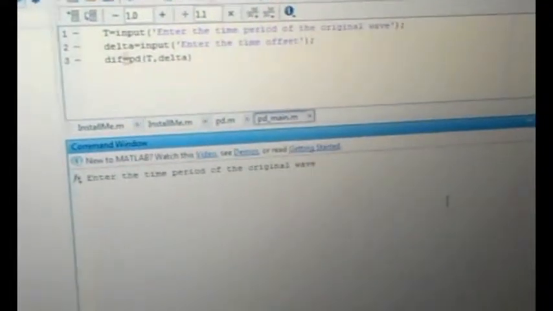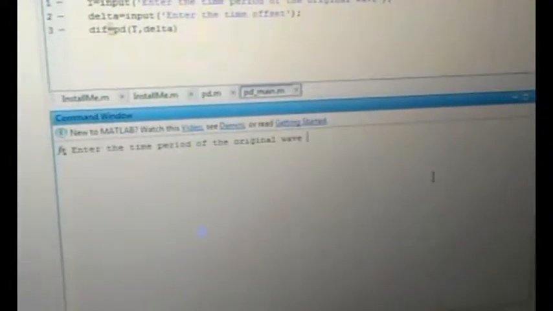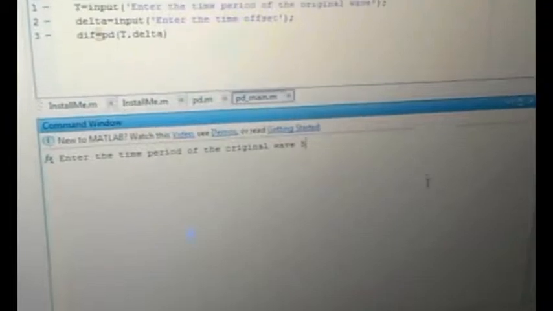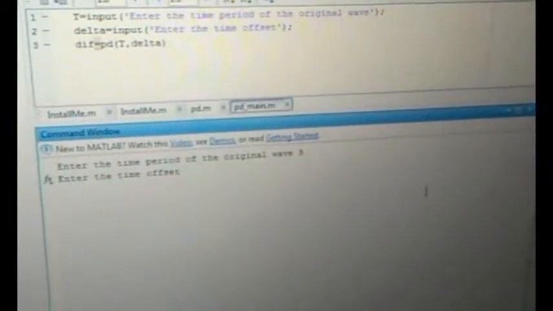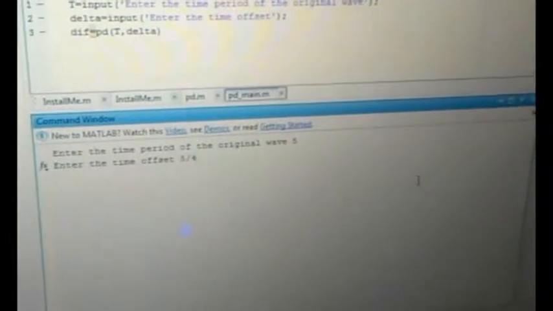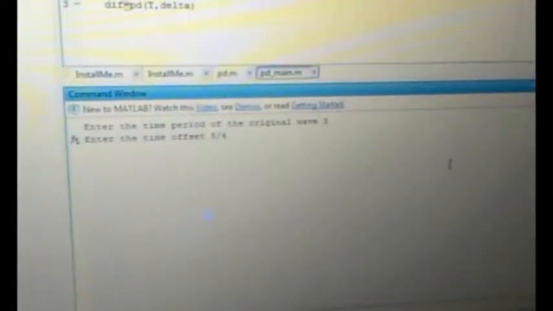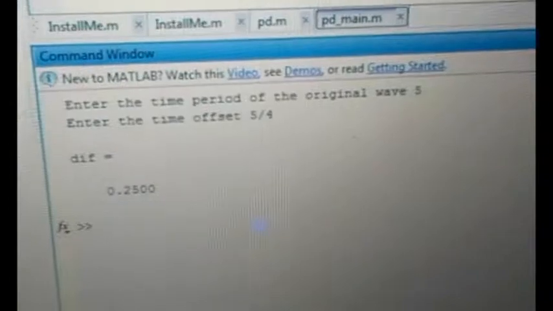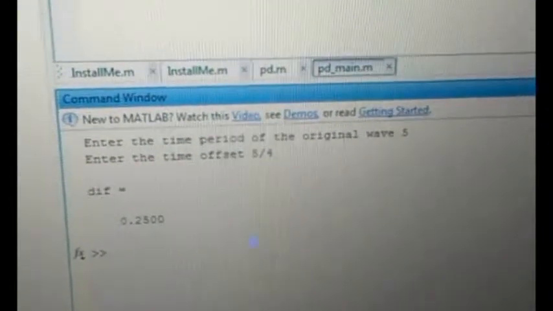Let's say the time period of the original wave was 5, and the time offset was 5 by 4. So the phase difference, the fraction of your time period, is 1 by 4. So the output should be 0.25, and that's what you get. So this is what we use to find the phase difference.